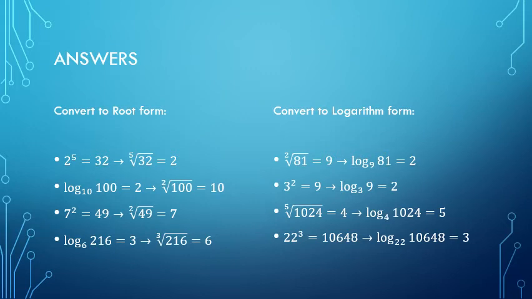And the other two exercises are done in the same way. Fifth root of 1024 equals 4, transformed to logarithm in base 4 of 1024 equals 5, and 22 to the power 3 equals 10,648, transforms to logarithm in base 22 of 10,648 equals 3.